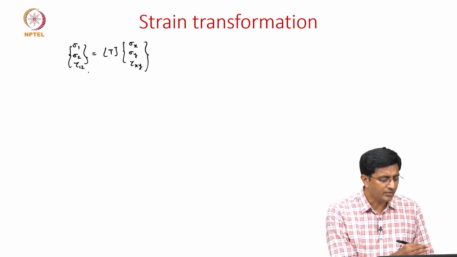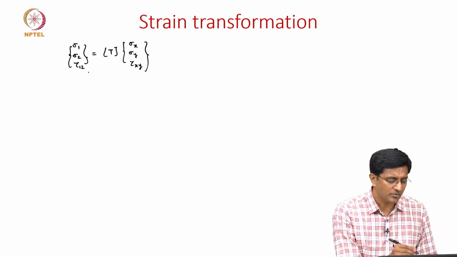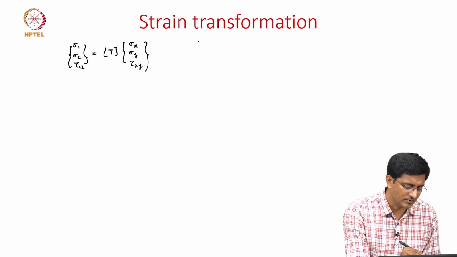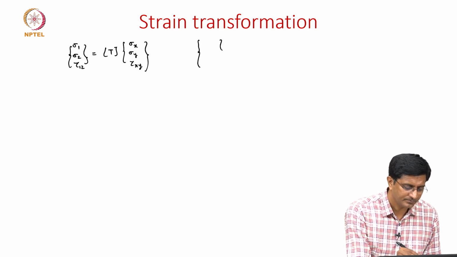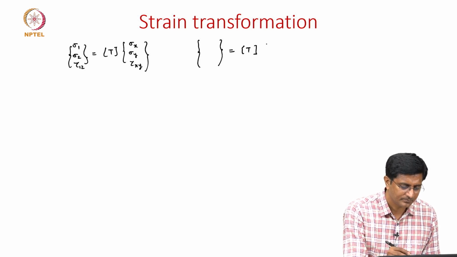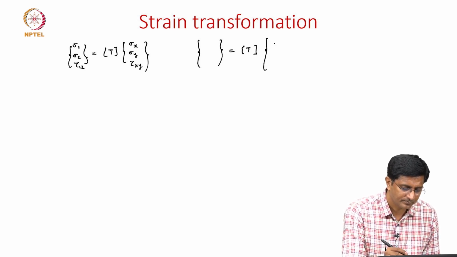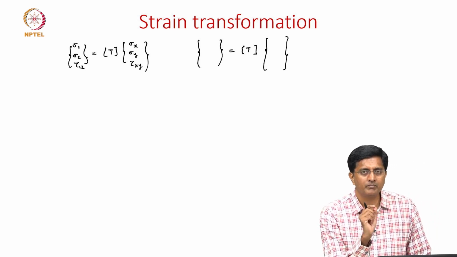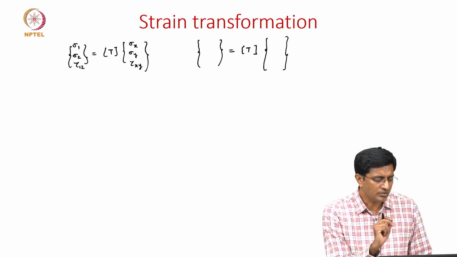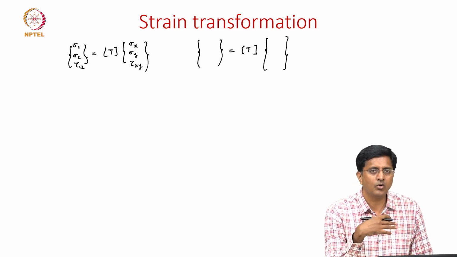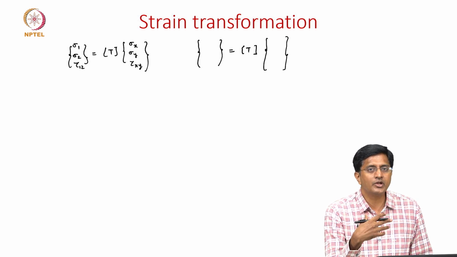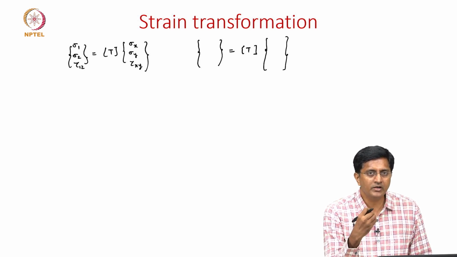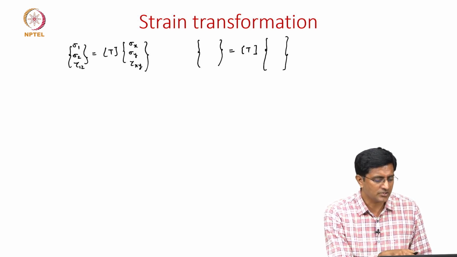I can use the same transformation matrix for the strains as well. But here there is some attention we need to pay, because these transformations are only possible for tensorial quantities. So, when we define strains as tensors, we can still use the same transformation matrix.